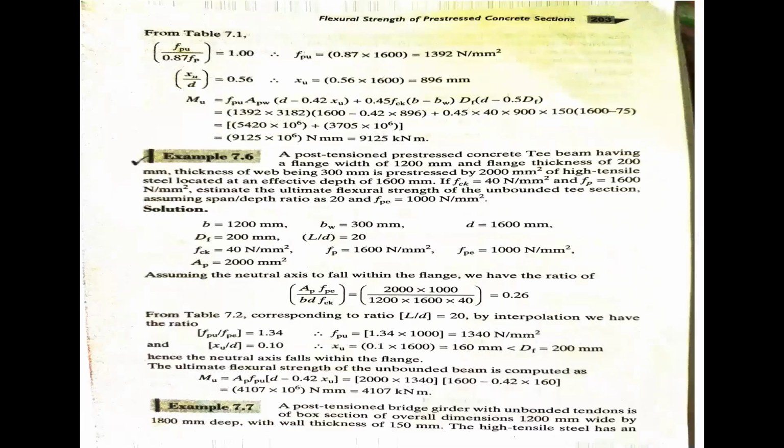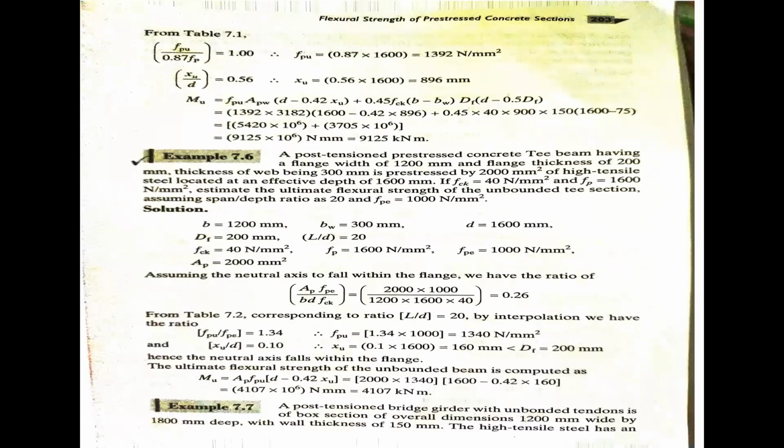First, you have to write the given data: AP equal to area of tendon steel, AP equal to 4000 mm square, and FCK value is also given, and FP value, and FPE 1000 Newton per mm square, and B equal to width of the girder 1200 mm, and width of the web 300 mm, and D equal to effective depth 1600 mm, and DF equal to flange depth 150 mm.